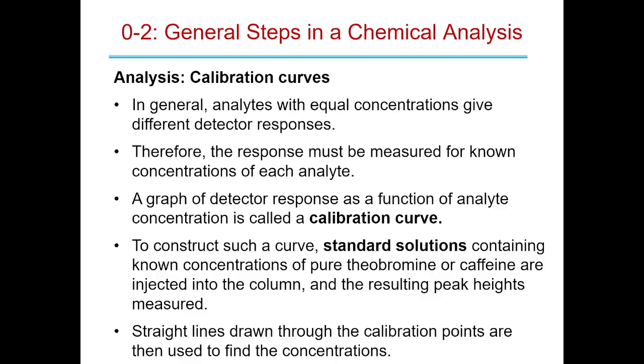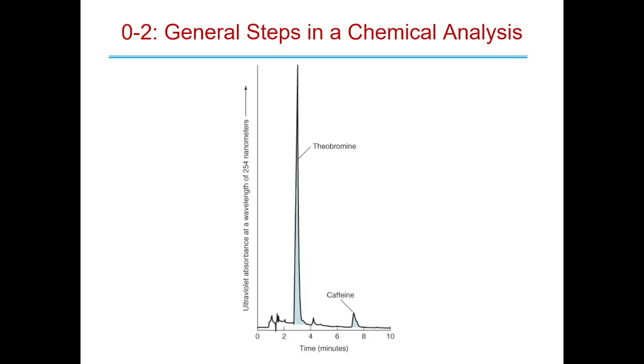Okay, so calibration curves. In general, analytes with equal concentrations will give different detector responses. These responses may not mean that there's more theobromine than there is caffeine, okay? Because what determines the height of a response, the intensity? Well, concentration's part of it, but there's also the extinction coefficient, you may remember, which is how well it absorbs, right?